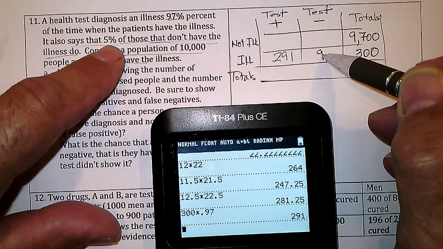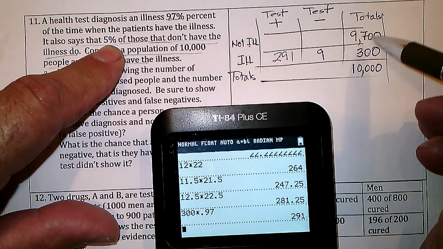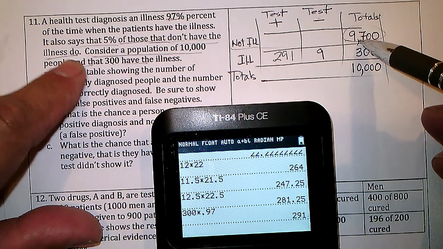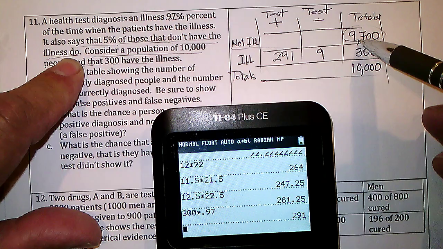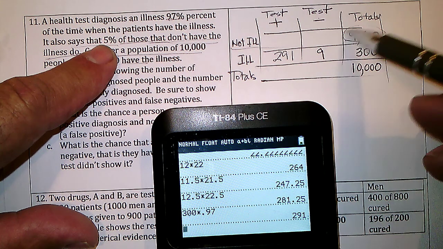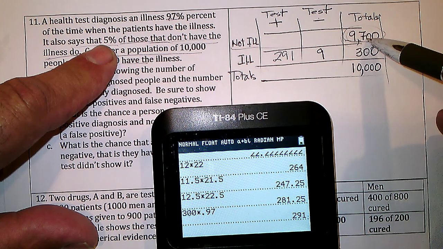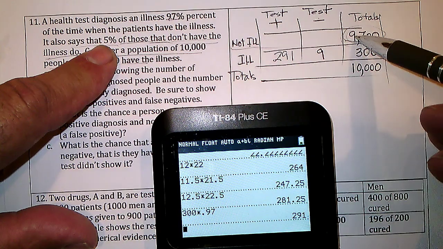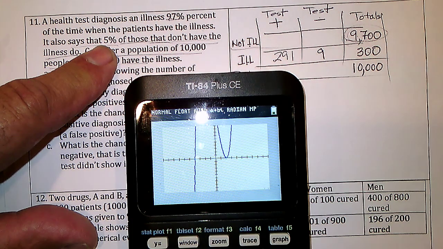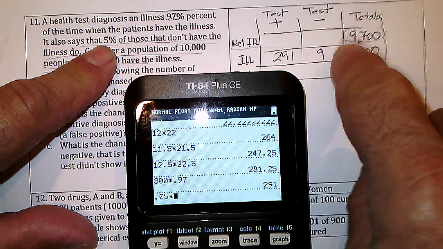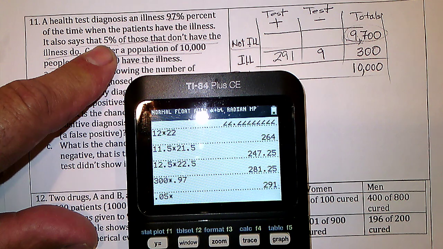It also says that 5% of those that don't have the illness test positive. So they test positive even though they don't have the illness. So 0.05 times all the people that don't have the illness, 9,700.